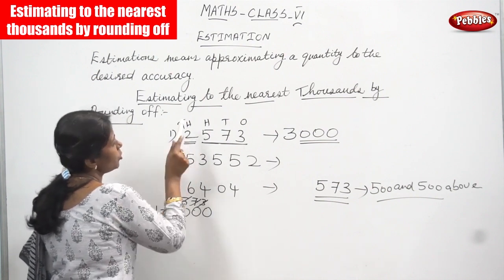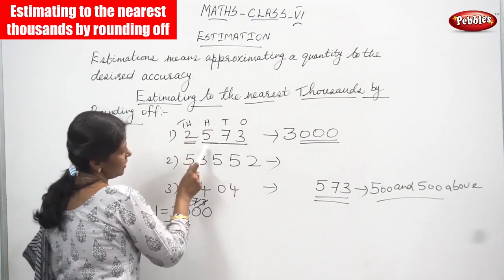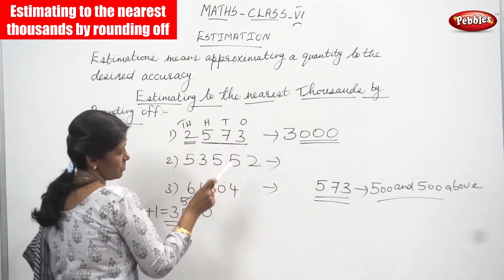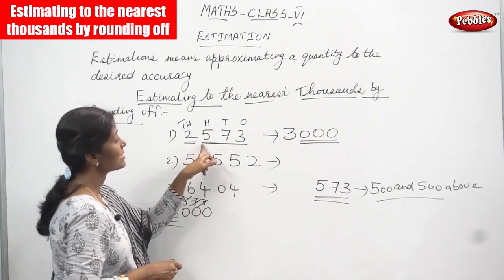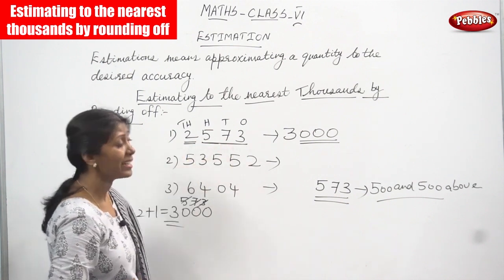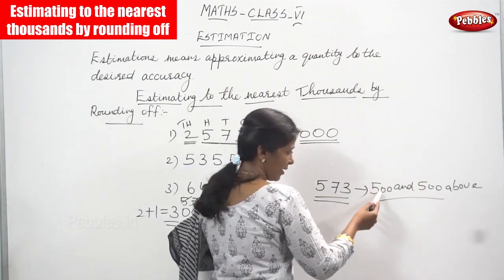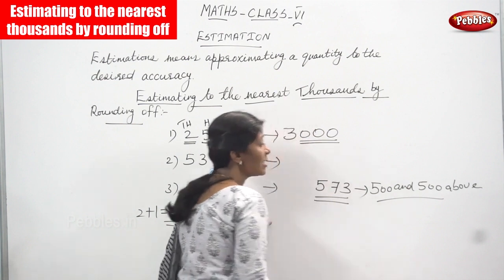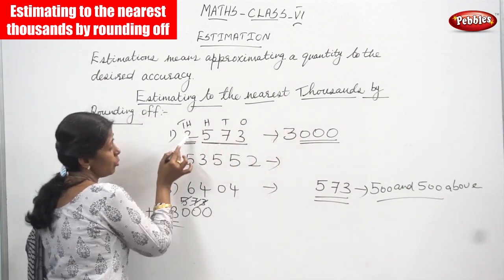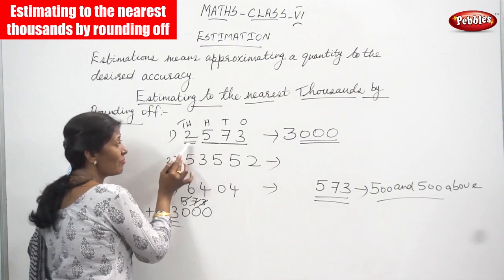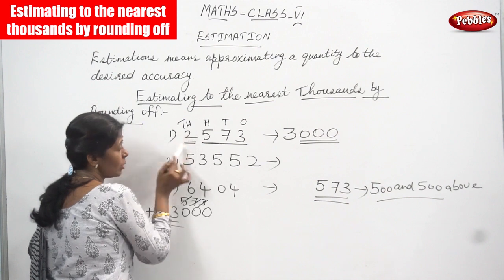Even though you have to change to the nearest 1000, you have to consider the 100 place, 10's place and 1's place, which is the number 573. The rule is: if it is 500 or above, you have to add 1 to the 1000 place value.